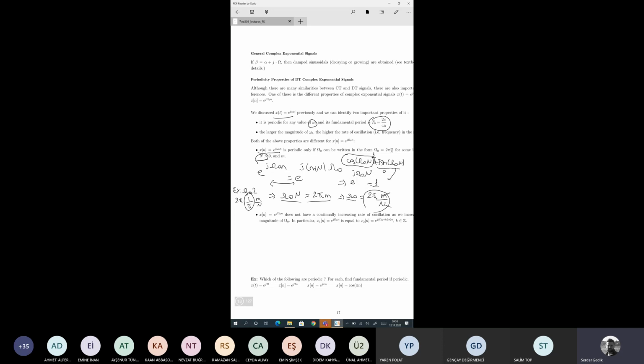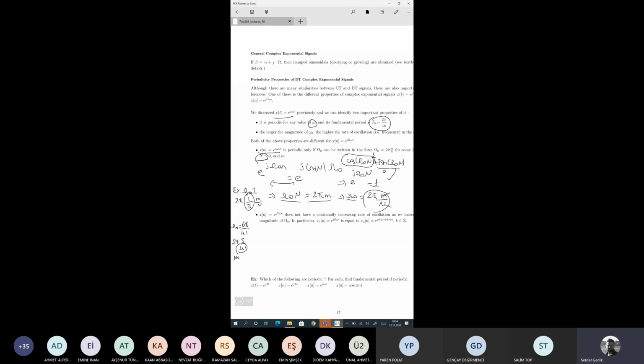So I can say that for omega 0 equal to 2, the signal is not periodic. What about, let's say, omega 0 equal to 6 pi over 41? Well, I can write it as 2 pi times 3 over 41. Then in that case, my fundamental period N0 is nothing but 41.